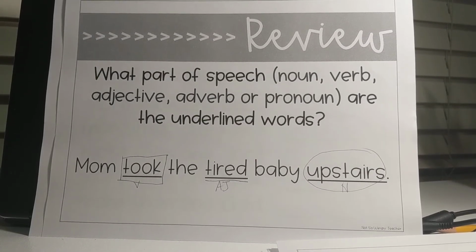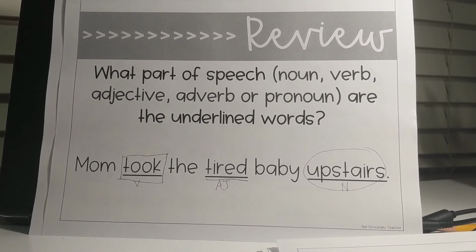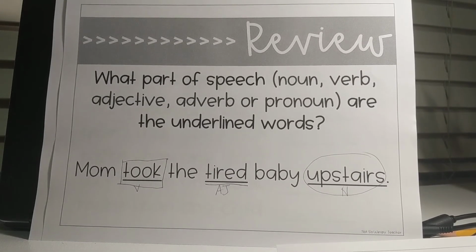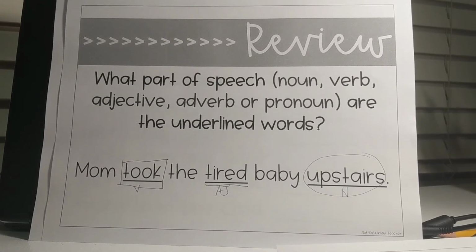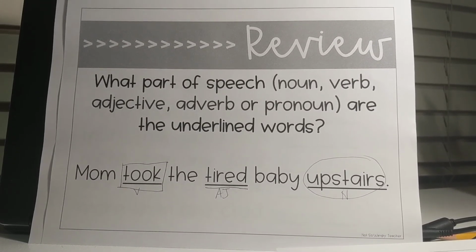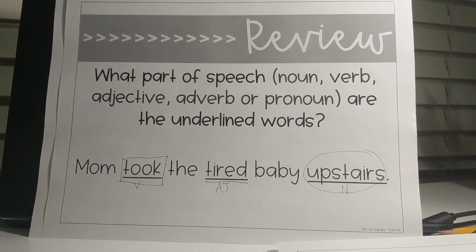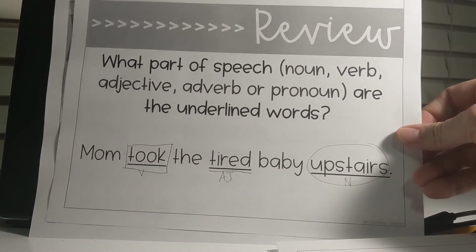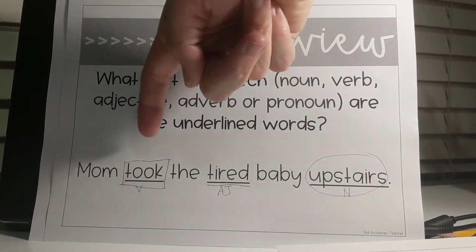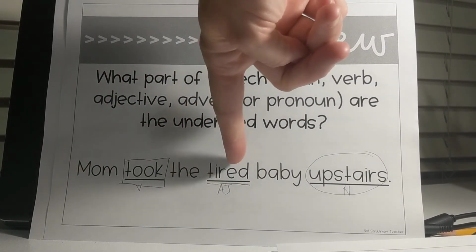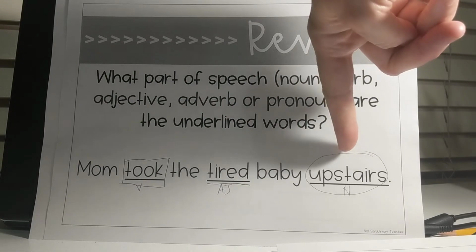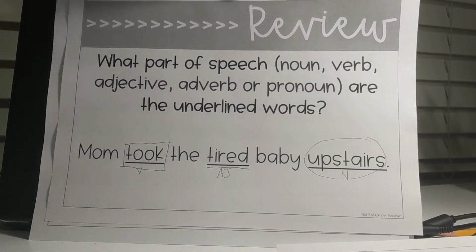And so you're going to box in the verbs in your journal today. And Mom took the tired baby. Tired is describing the noun baby, so it's an adjective. And upstairs is a place, so that's a noun. Again, you're going to be boxing your verbs, underlining your adjectives and adverbs, and circling your nouns and pronouns.